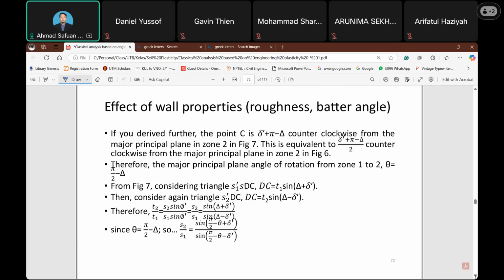This is equivalent to delta plus pi minus delta over 2 counterclockwise.